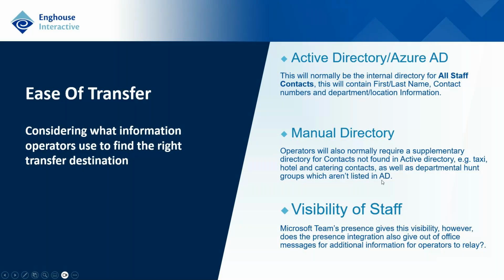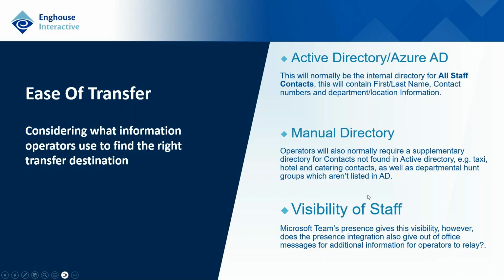So what you're looking for from a console is to have a basis of a directory, but also a manual directory that can be searched at the same time, so that the operators will have access to third-party numbers as well as non-AD contacts that they might need to see within there.